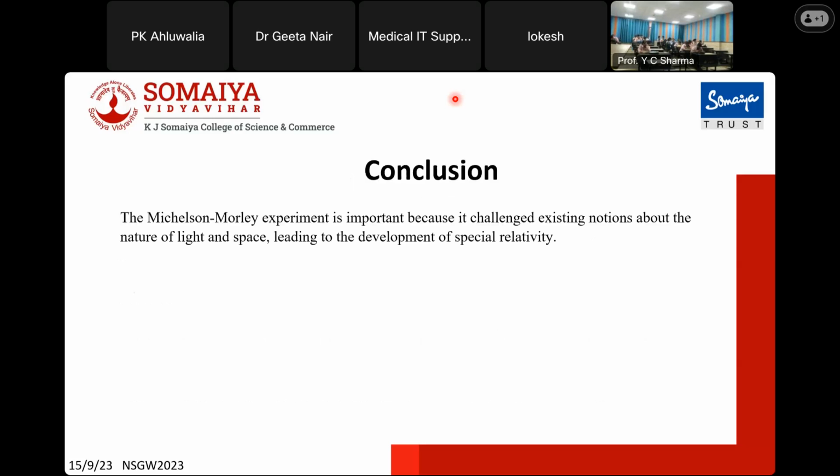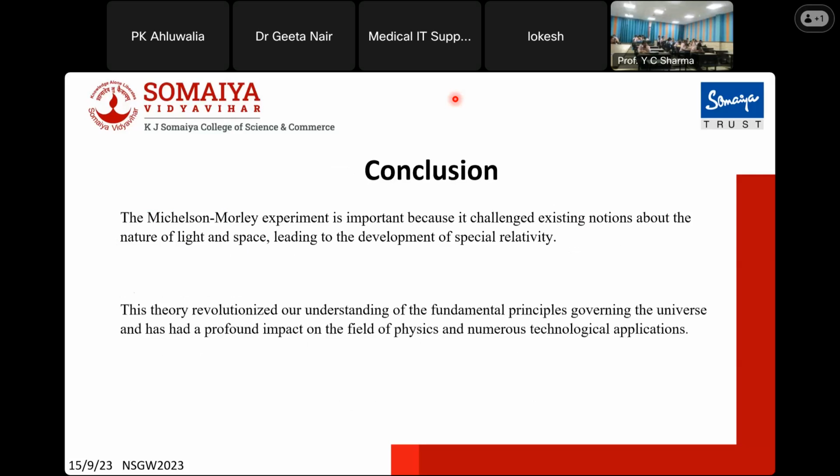So to conclude, the Michelson-Morley experiment is important because it challenged existing ideas about the nature of light and space, and eventually led to the development of the special theory of relativity. And this theory has revolutionized our understanding of the fundamental principles governing the universe and has had a profound impact on the field of physics and numerous technological applications.